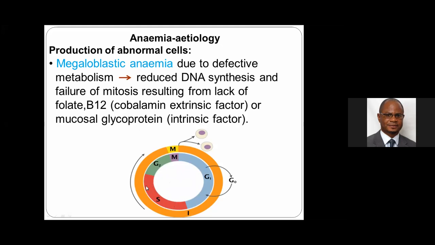And if the DNA synthesis is not done, the cell cannot move to the next stage, let alone divide into two daughter cells. So you have it stuck here and it becomes larger than normal, okay?